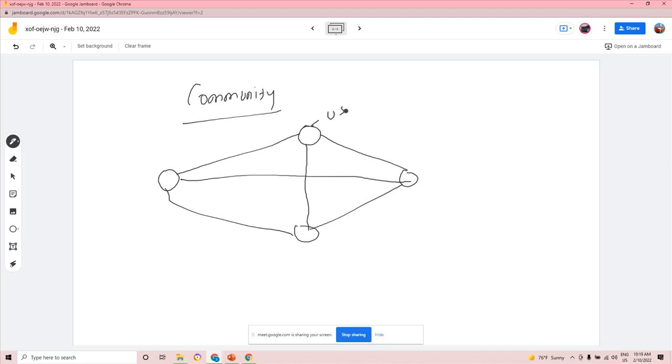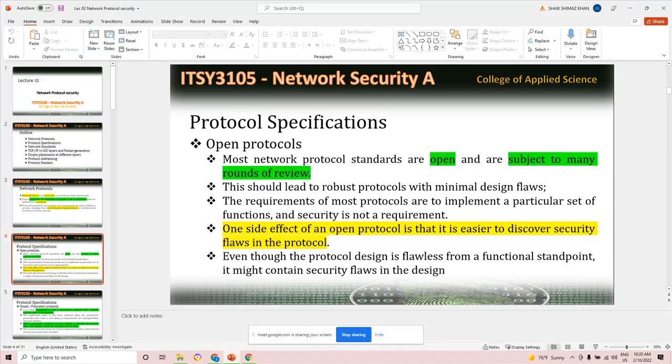These are users, and they interact with each other. Let's say they put the protocol out, and others give review, feedback, and suggestions for improvement. So open protocols are subject to many rounds of review, which means the members of the community give review feedback. This is called Request for Comments, RFC.